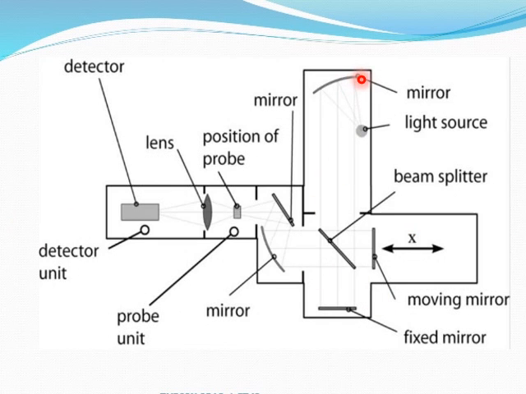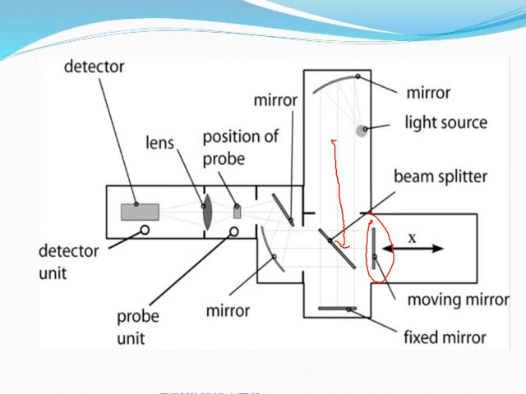So this one is a mirror. This is an IR radiation source. The radiation is reflected from this mirror, and the radiation also comes from here, and this radiation falls on the beam splitter. The beam splitter will divide the beam into two equivalent beams.